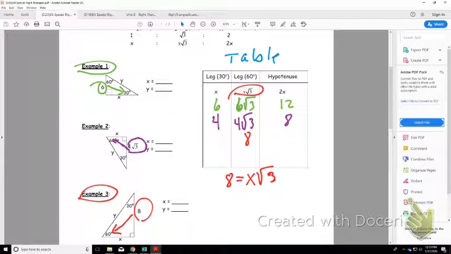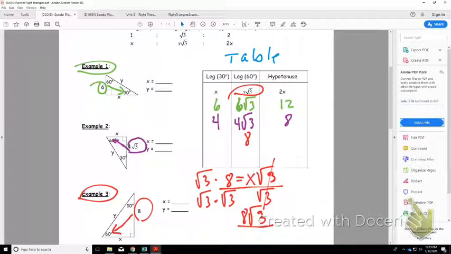We're going to do the exact same thing. So what are we going to do first? Divide by the square root of 3, and then we're going to multiply by the square root of 3. Now, what's our new numerator? 8 times the square root of 3 over 3.